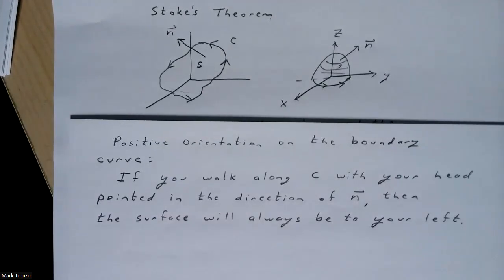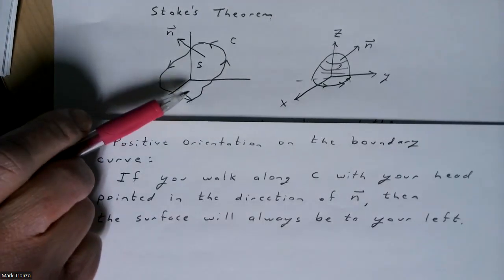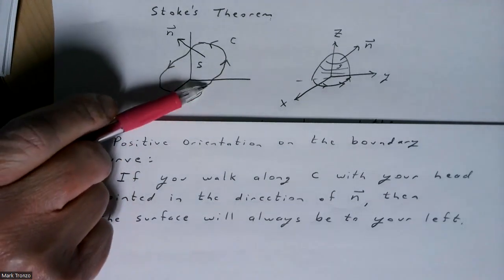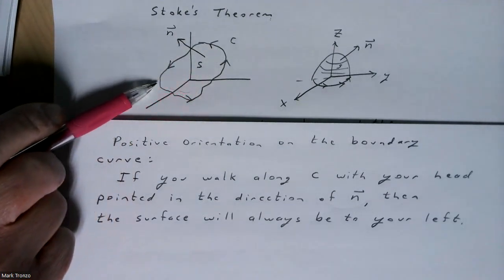That's considered positive orientation. So once again, you can imagine walking around this boundary here in the direction of the arrows, of course, is what it means.